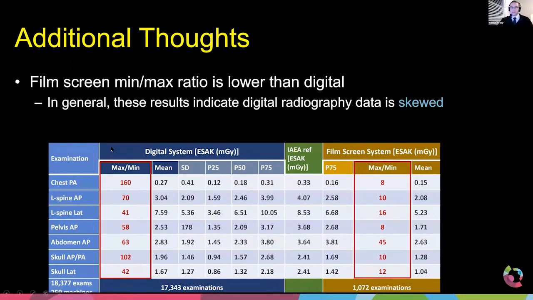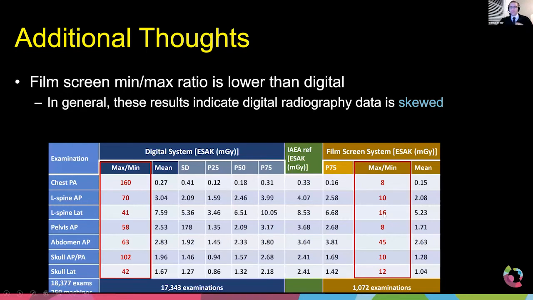Obviously, chest PA has a much higher ratio than the L spine, a lateral L spine. But overall, all of these values are much higher than these values.